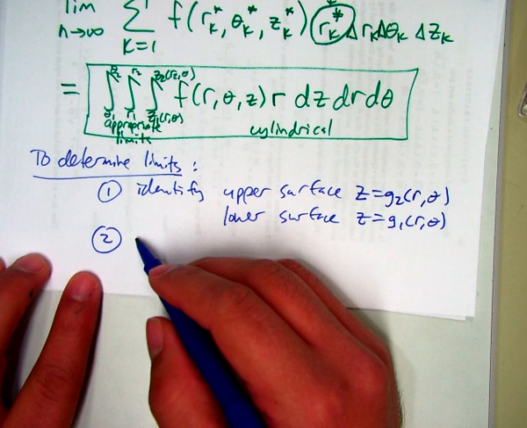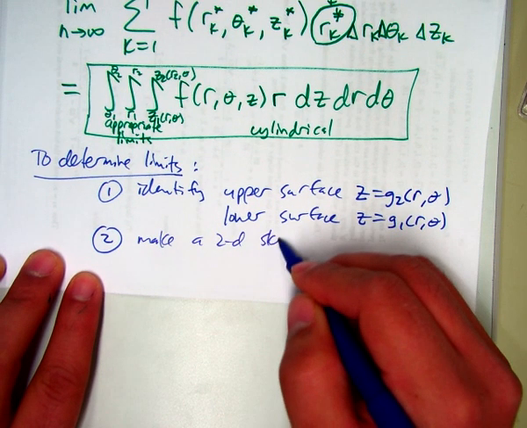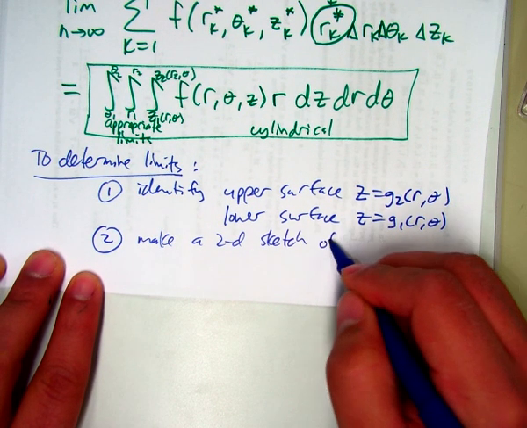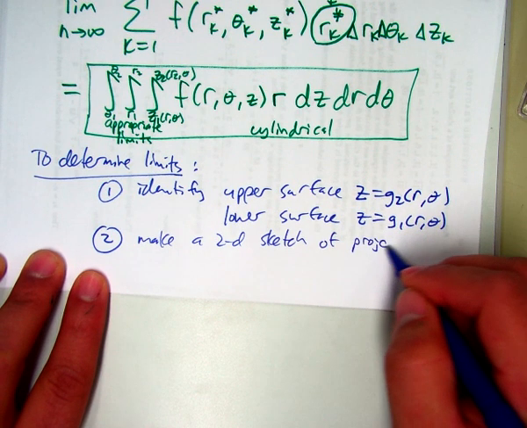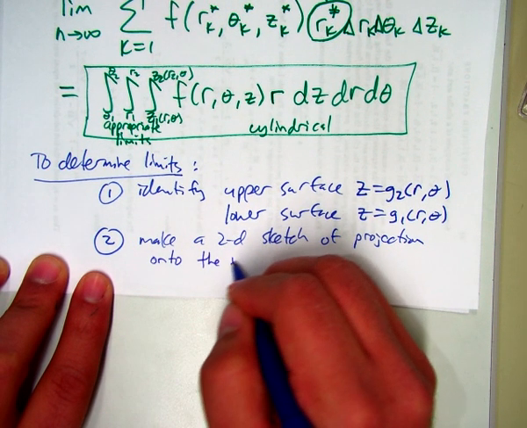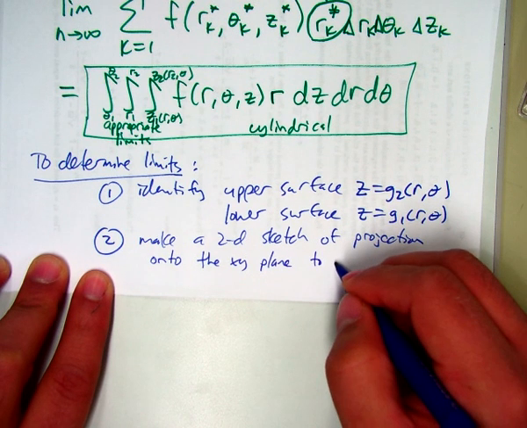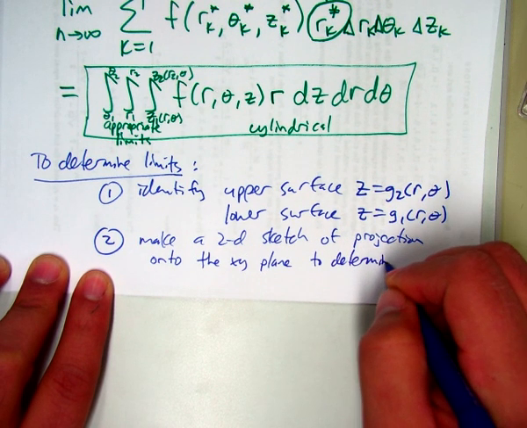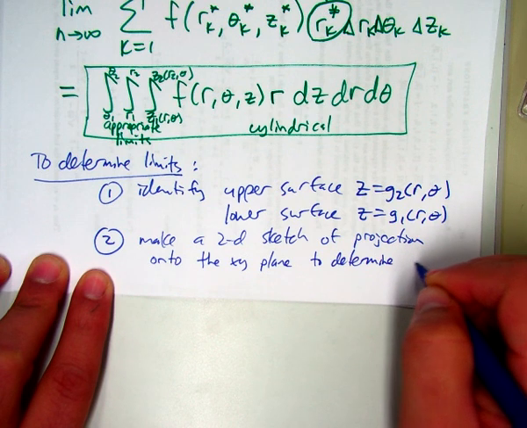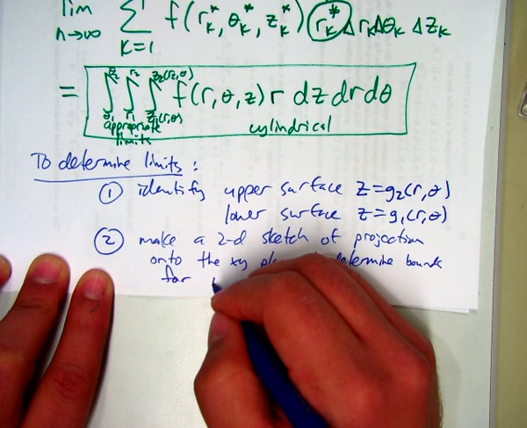And then two, make a 2D sketch of the projection onto the xy plane. And this will help you determine the limits or the bounds for r and theta.